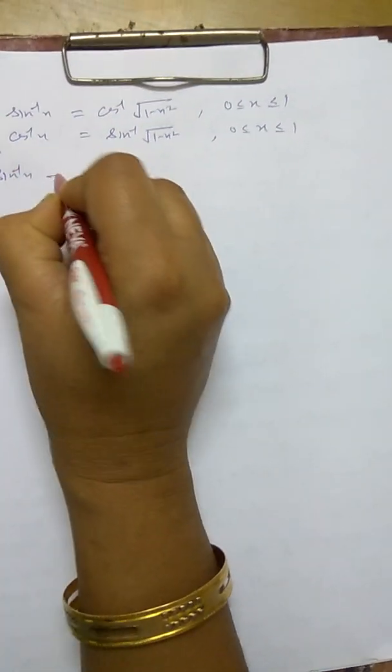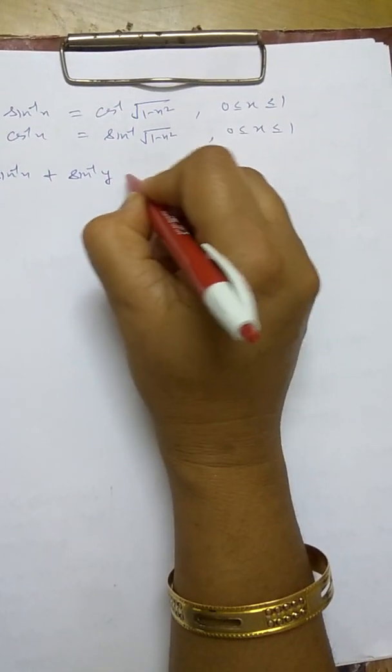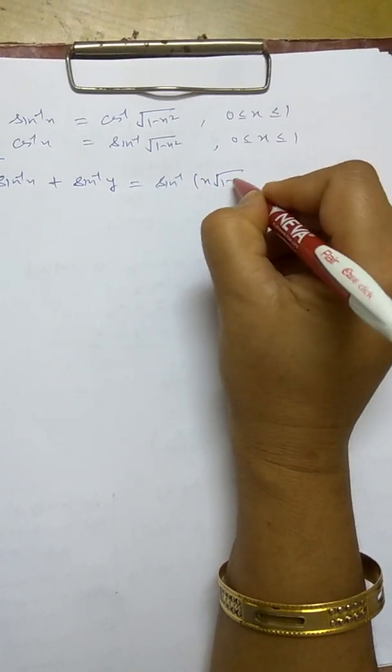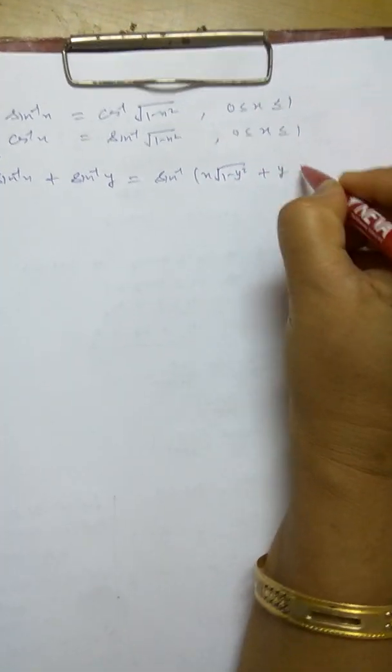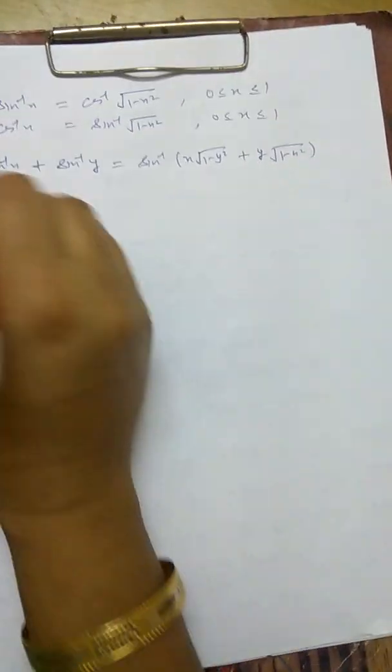And now some more properties. Sine inverse x plus sine inverse y is equal to sine inverse of x root of 1 minus y square plus y root of 1 minus x square.